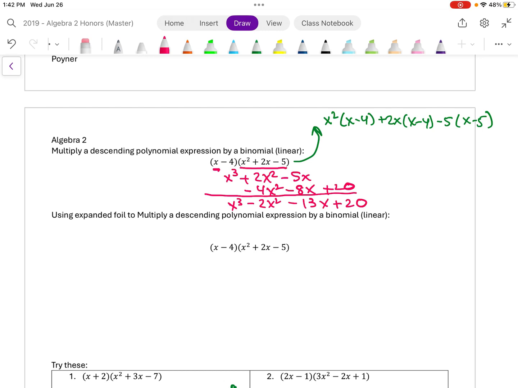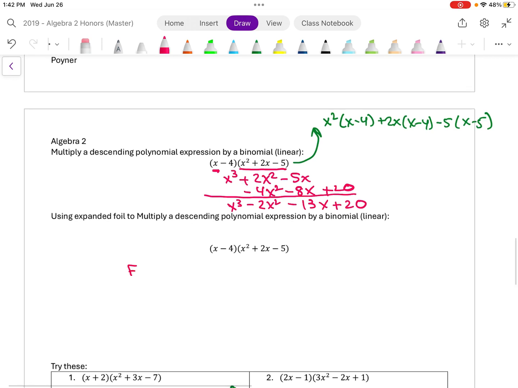Or you can do something I call expanded FOIL. So you're going to do first, but just like you did with a binomial, you have outer and inner, but now there's multiple sets of outer and inners. So you're going to have OI set 1, OI set 2, and then last. If I had 4 terms in the polynomial on the end, then we would have OI set 3.